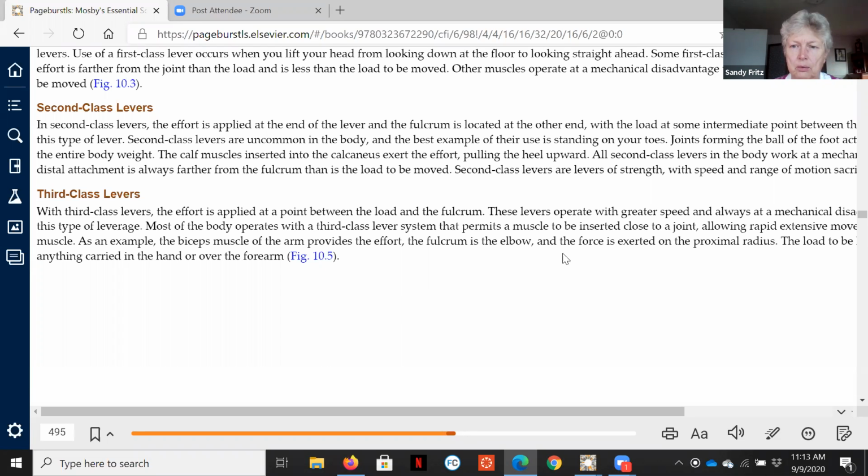But there is some change in the strength, in how much effort this type of lever allows for us to move a load.